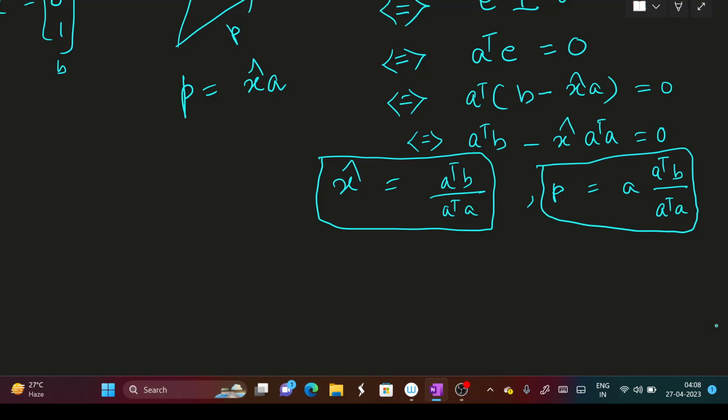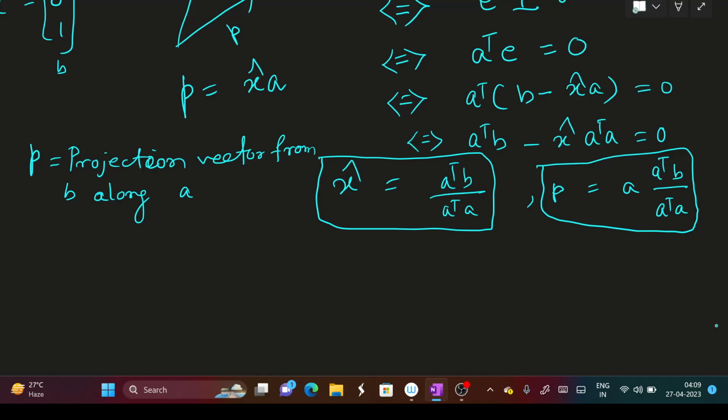What is this p? Here p is the projection vector of b along a. This is my small p.